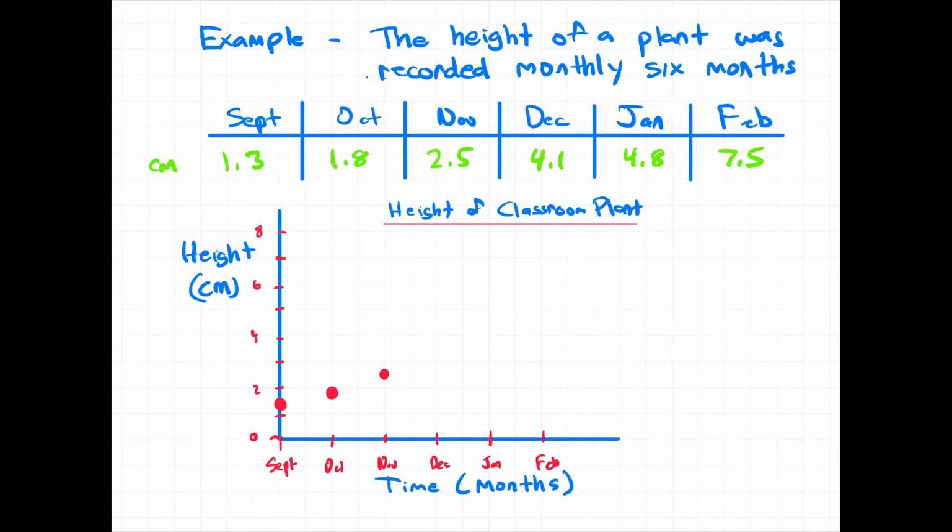In December, it jumped up to 4.1, and January, 4.8, and in February, it jumped all the way up to 7.5. Now, because this is going to be a line graph, we can now take a line and join these points.